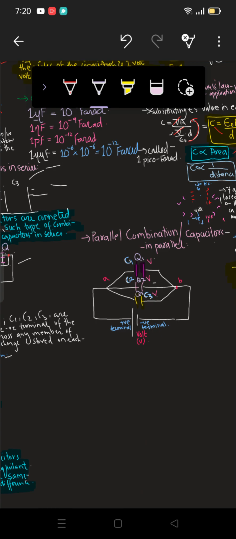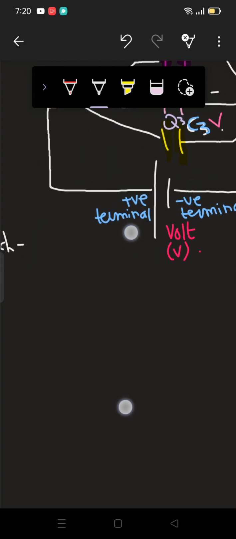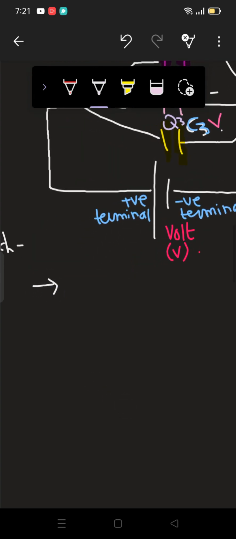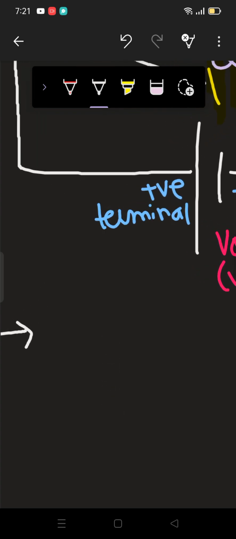We should discuss the parallel combination first, right? When two or more capacitors are connected in such a way that the positive terminal of a battery is connected to one end of a common point. Let me write the definition here so that it is easy for me to explain with that definition, right?